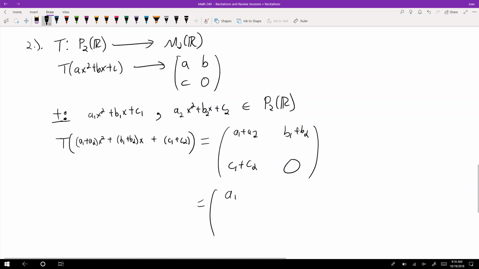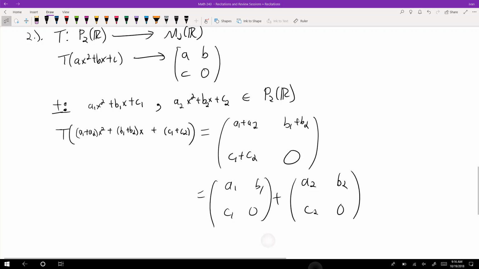This is equal to [a1, b1; c1, 0] plus [a2, b2; c2, 0]. But what is [a1, b1; c1, 0]?